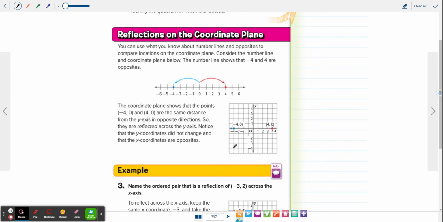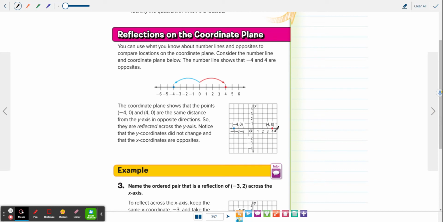Okay? So this one says the coordinate plane shows that the points negative 4, 0 and 4, 0 are the same distance from the y-axis in opposite directions. So they are reflected across the y-axis. So like I said, the way I think about this, if I have negative 4, 0, and I want to reflect that across the y-axis, it's going to be the same numbers, just positive now instead of negative, okay?